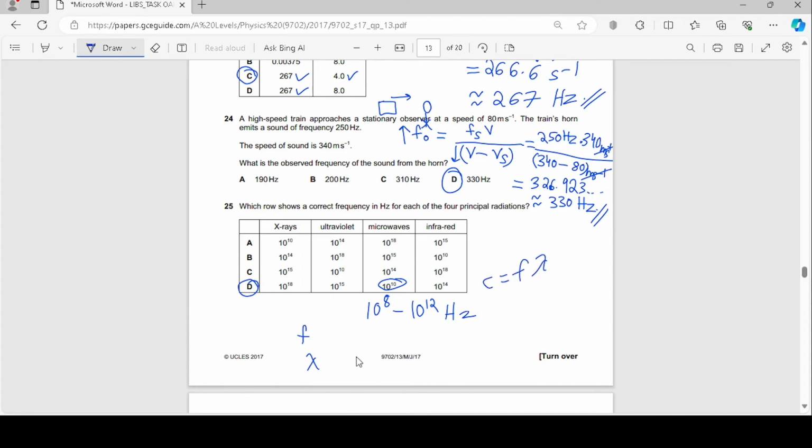Or you could memorize the wavelengths and then use that to calculate the frequencies. I suppose technically the wavelength is easier to memorize for microwaves and radio waves. Microwaves have a magnitude of about 10 to the power minus 1 meter. You can look at the chart. Anyways, the answer is D. Okay.